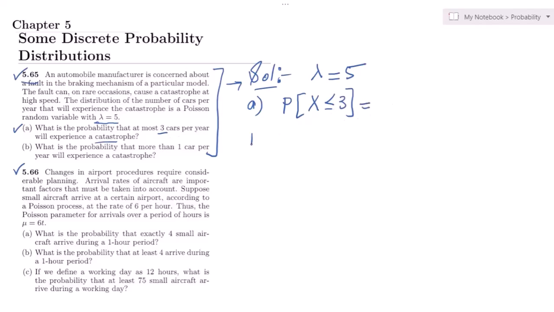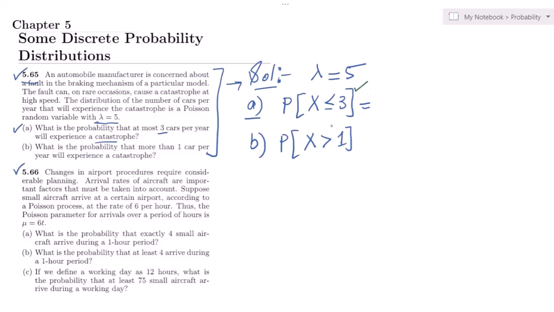And in part B, what is the probability that more than 1 car per year will experience a catastrophe, meaning the probability that x is greater than 1. Both of these probabilities we want to find out. First let me solve the probability that x is less than or equal to 3.